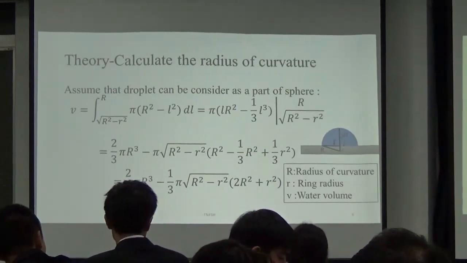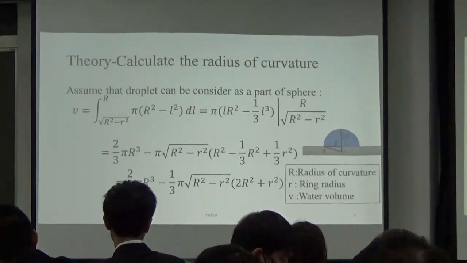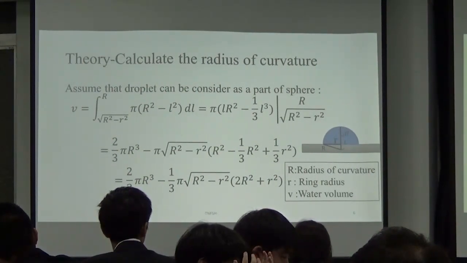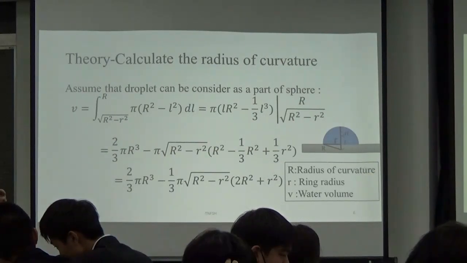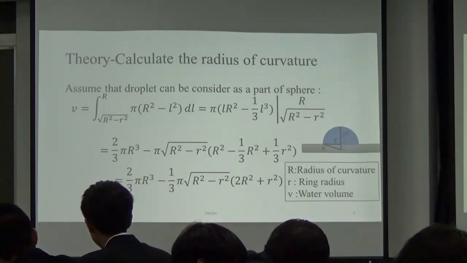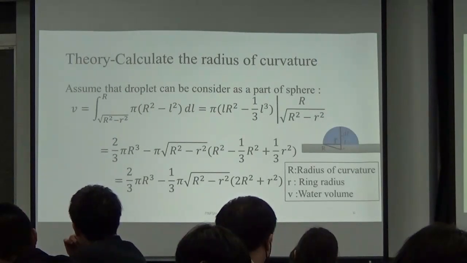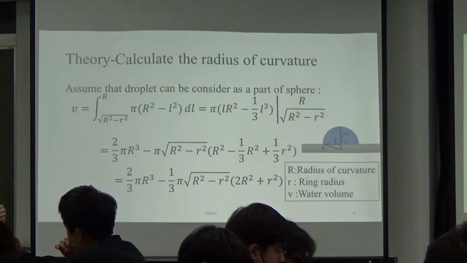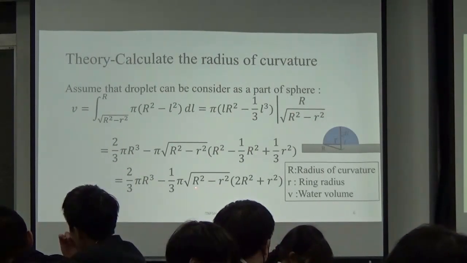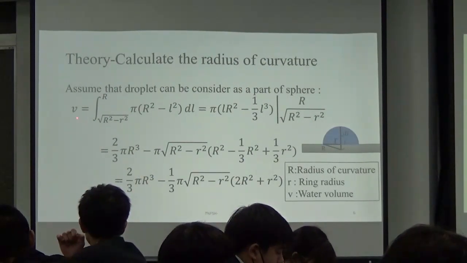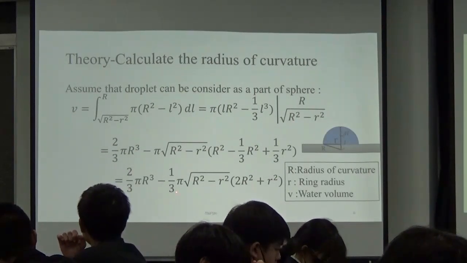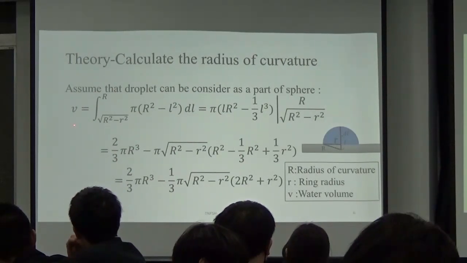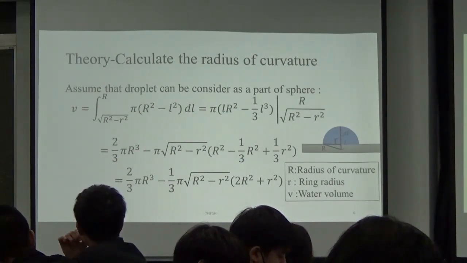In our experiment, we want to know that a specific volume of water can form what focal length of the lens. So we want to calculate the relation between the radius of curvature, the ring radius, and our water volume. Since it's hard for us to solve for R directly, we form our equation like this.